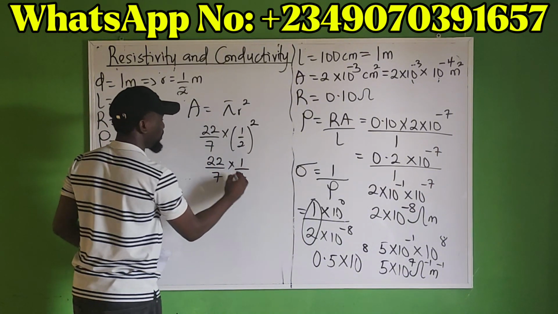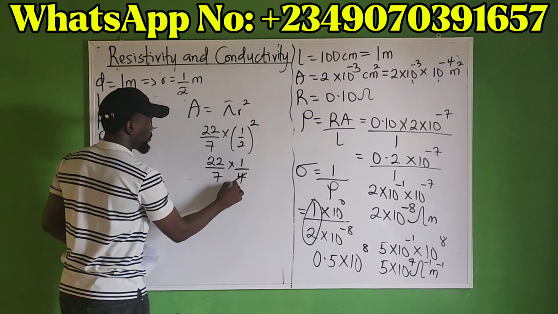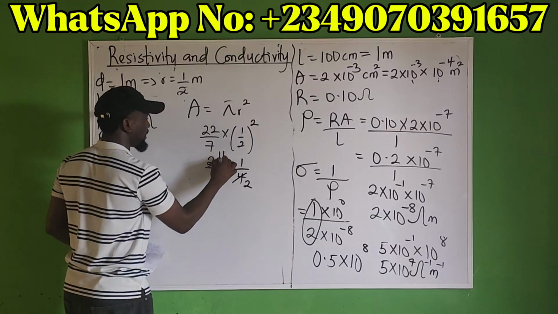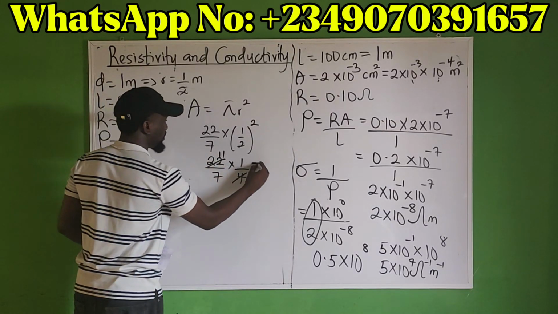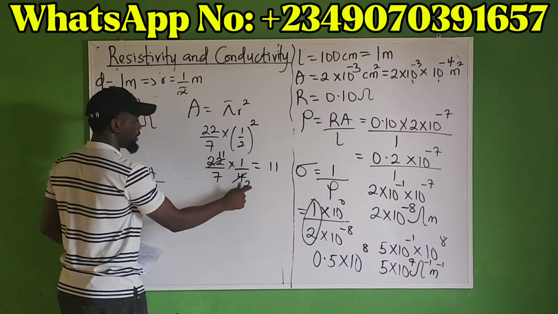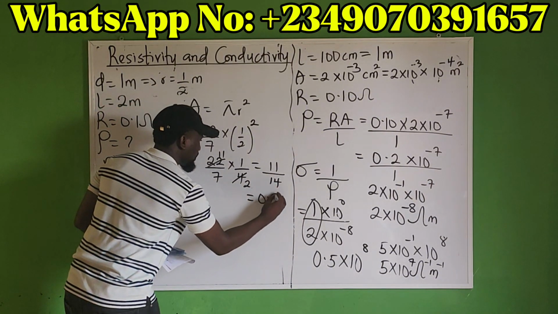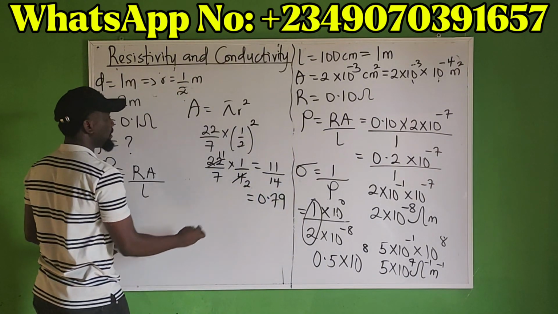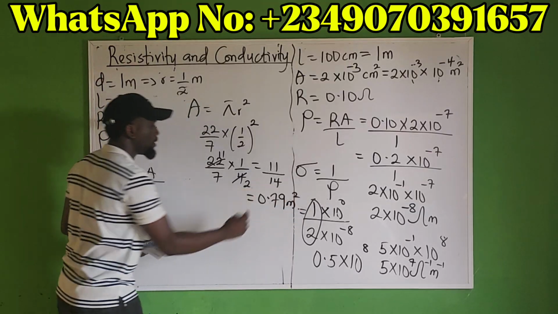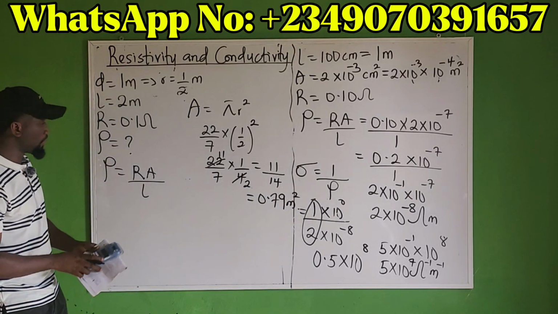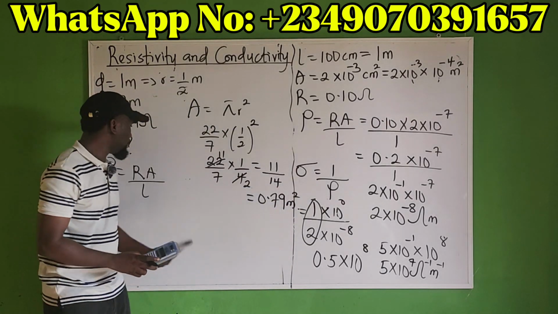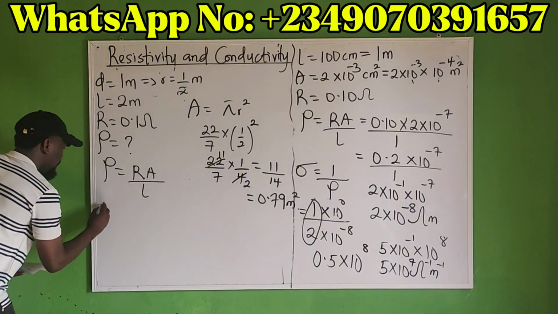That is 4. So 2 here is 2. 2 here is what? That is 11. So 11 times 1, that is 11. Then 7 times 2, that is 14. So that's 0.79 meter squared. That is the area. So we've gotten area to be 0.79. All right.